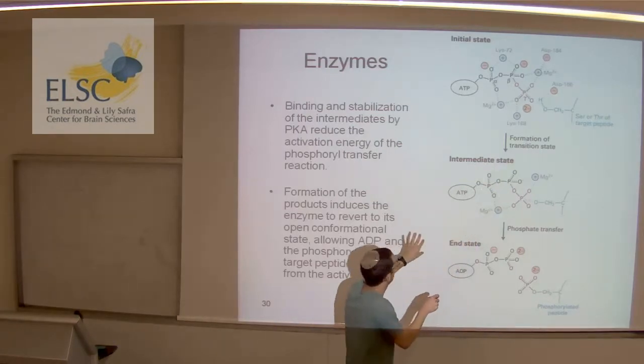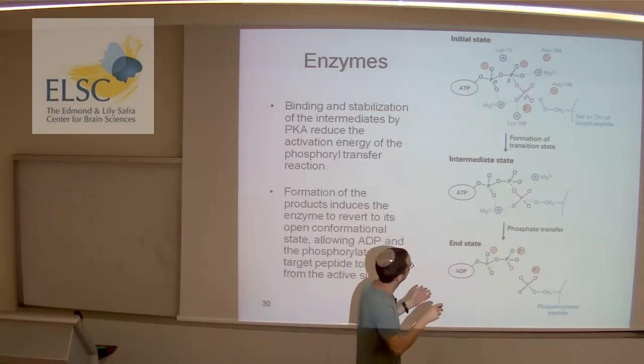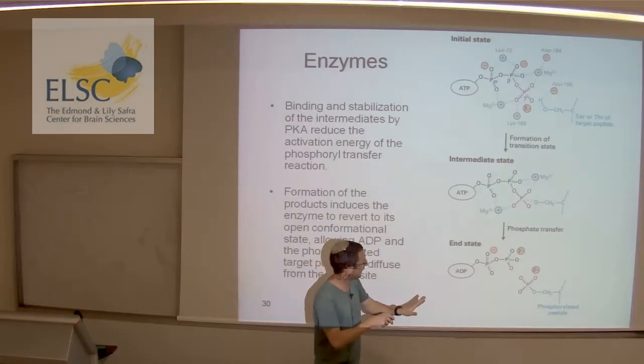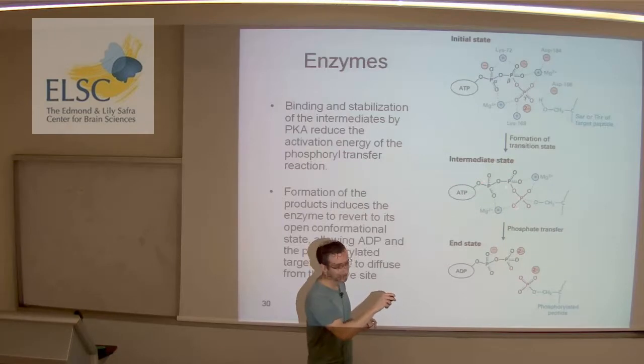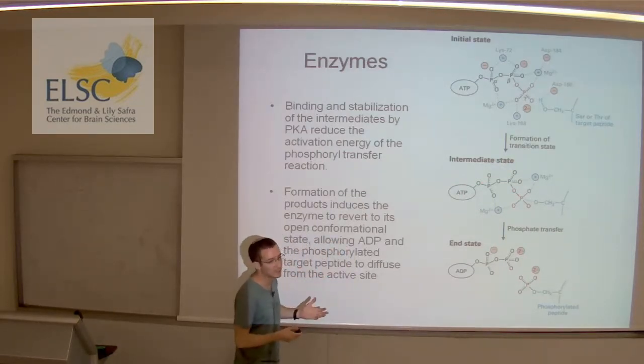And this is exactly what we call the intermediate state. It's a very transient state. From here, we can slide back to the initial state, or slide down to the end state. This intermediate state is highly unstable, at least in relation to the initial or the end state, and it's exactly the state that's being stabilized by PKA.